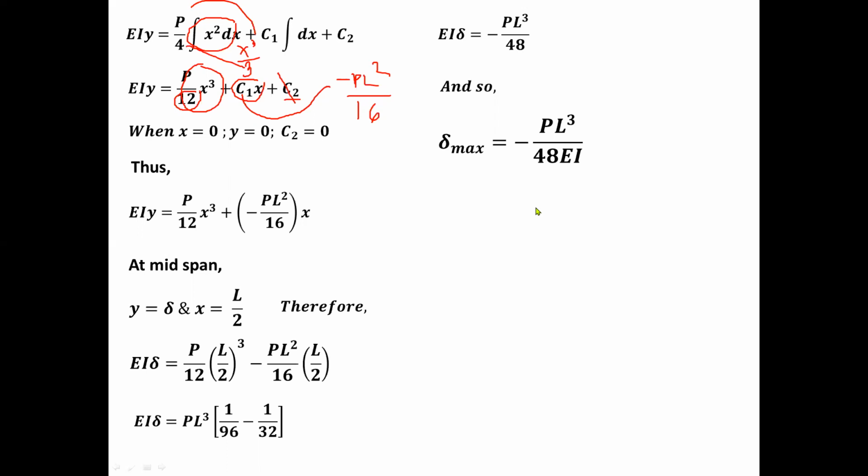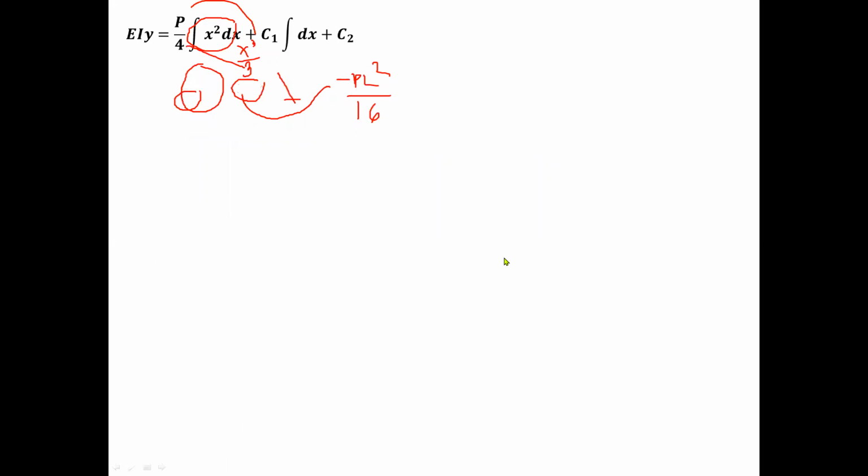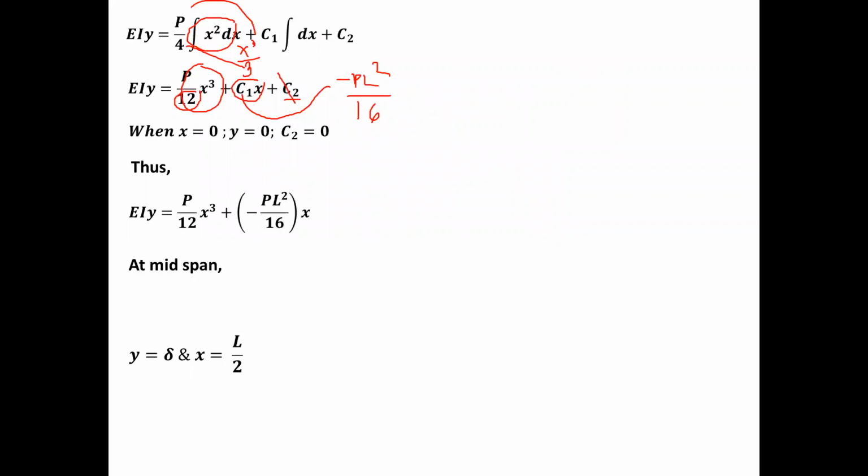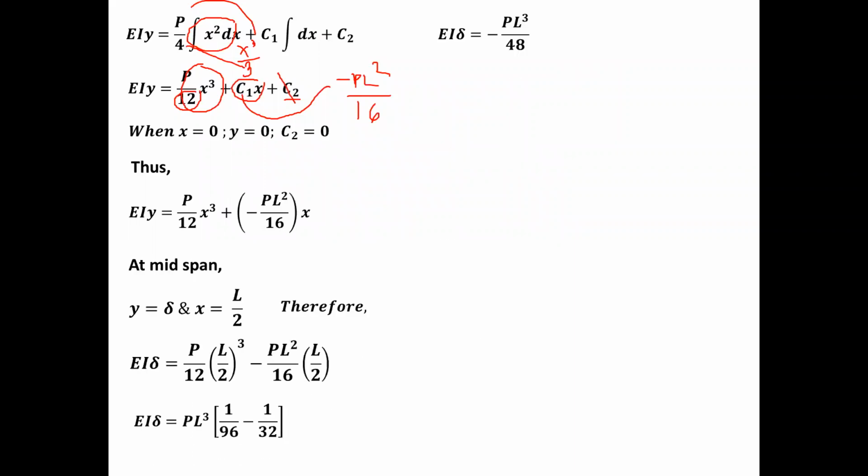Hello? Opo, sir. Ayun. Usually, sa mga problems, ang binigay ko kasi is pagde-derive ng kahit na simply supported na beam na may isang concentrated load sa gitna. Kahit palitan ninyo yung P dyan, palitan ninyo yung length, anuman yung amount ng concentrated load, kung ganyan lagi yung beam, nagbabago lang yung value ng P at ng length, meron na tayong formula ng concentrated load P na simply supported na beam.